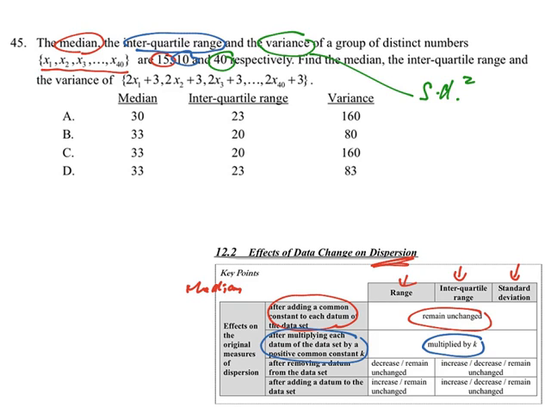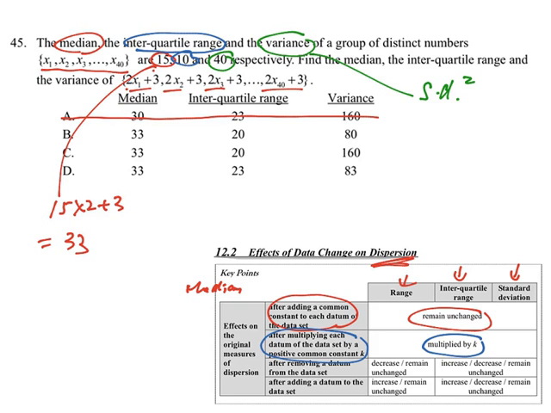The data set changes from x to 2x plus 3, so every term is times 2 plus 3. So 15 times 2 plus 3 is 33. So A is wrong.